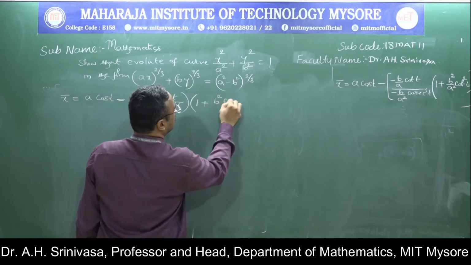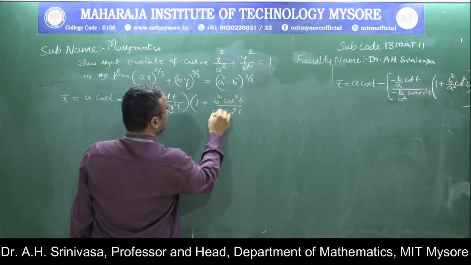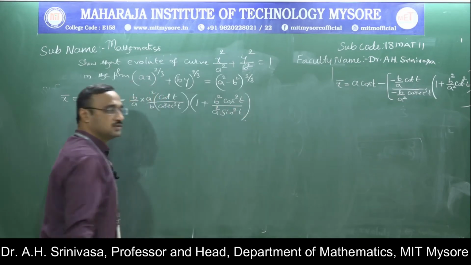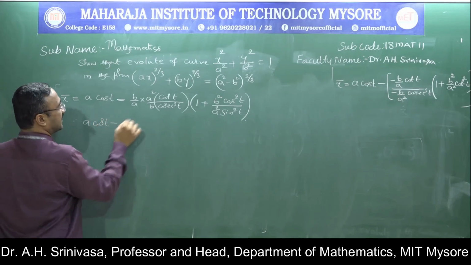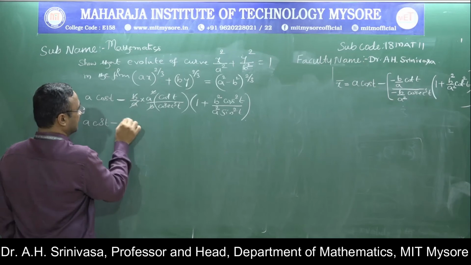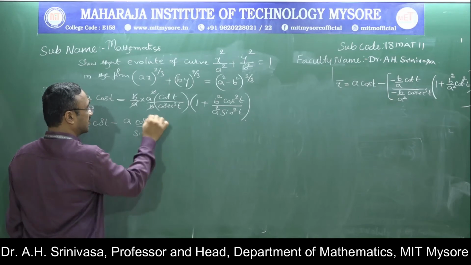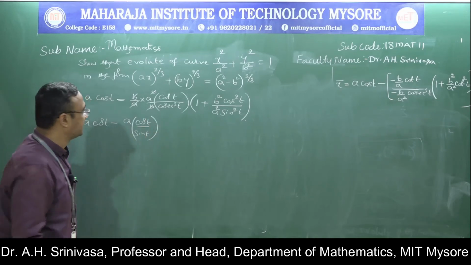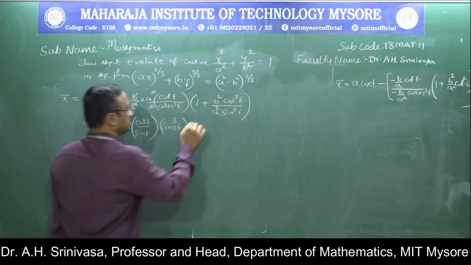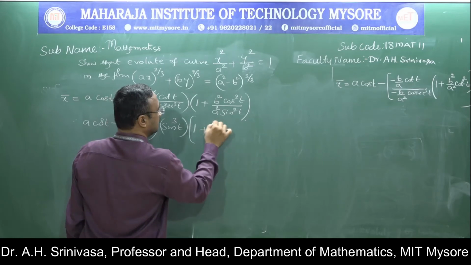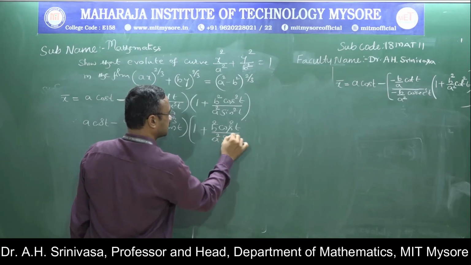Cot we can write in the form of cos square t divided by sin square t along with a square. If we simplify this, a cos t minus, these two cancelled, we get a into cos t by sin t. You can write the cot in this form, cos t by sin t. 1 by cosecant becomes sin cube t into 1 plus b square cos square t divided by a square sin square t.